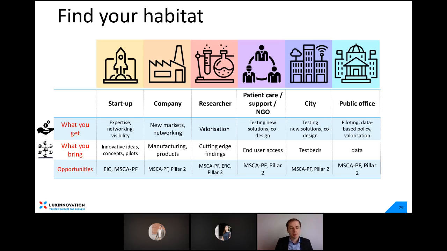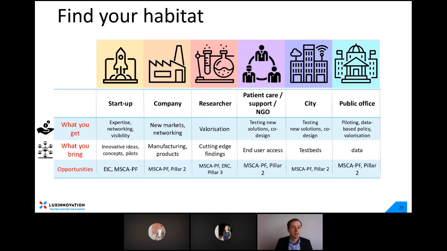But the European Commission is really stressing that we need participants all along the value chain, the innovation chain, because the programs are not about just writing a paper and publishing a result, or a patent for that matter, but really bringing solutions to the market, to the end user.